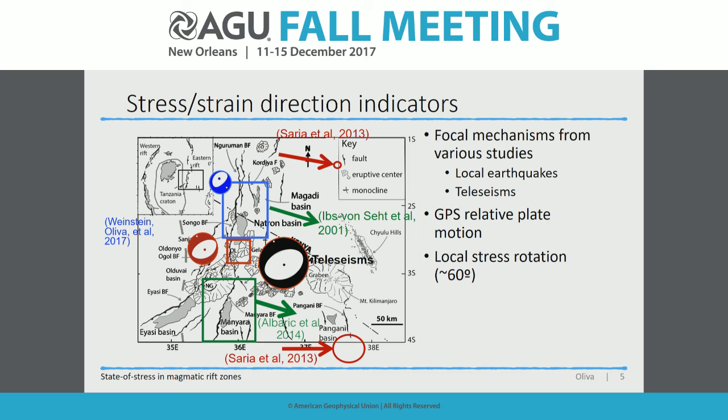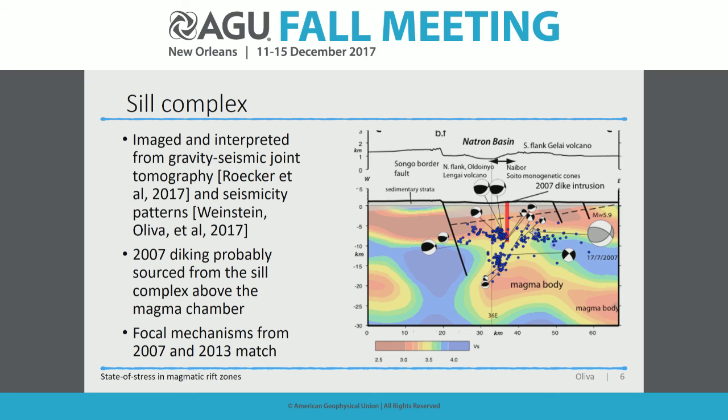And so we observe this local stress rotation in this small region, which is also an area of interest between these two volcanoes, revealing a rotation of about 60 degrees, suggesting that there's a local stress field here dominating over the regional stress field.